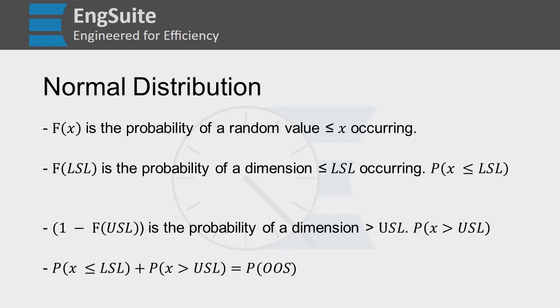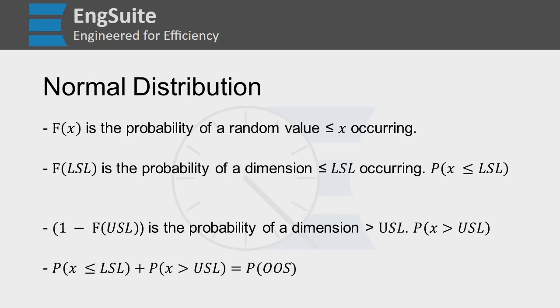We also know that 1 minus f of USL is the probability of a dimension greater than USL. That's the probability of x greater than USL.